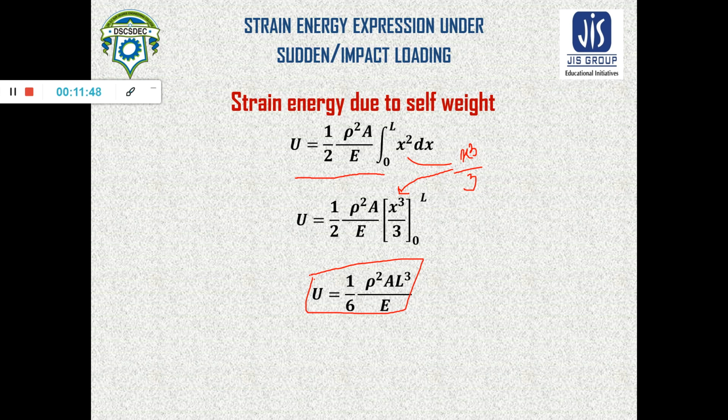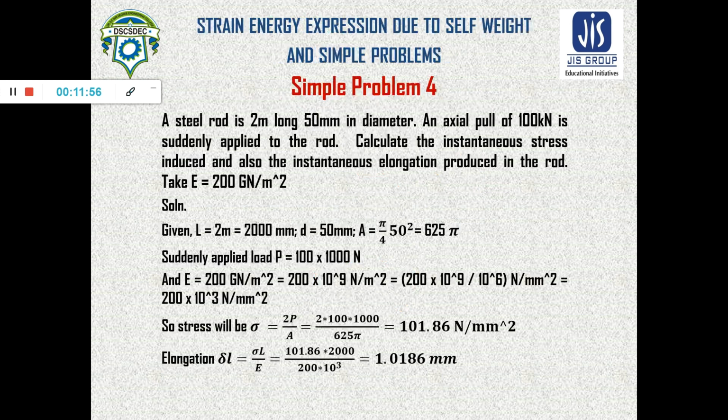First we will see a problem based on sudden loading. A steel rod is 2 meters long and 50 mm in diameter. An axial pull of 100 kilonewton is suddenly applied to the rod. Calculate the instantaneous stress induced and also the instantaneous elongation produced in the rod.